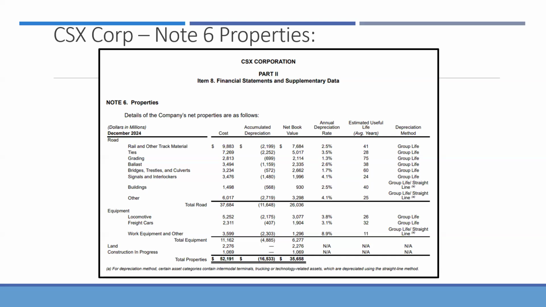Essentially their method is straight line for all their assets. They're estimating that the rails are going to last 41 years, the ties 28 years, the locomotives 26 years, and the freight cars 32 years. They have a different useful life for every single asset on their listing. And then they have their annual straight line percentage disclosed as well, just for our convenience, really.